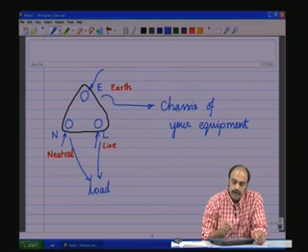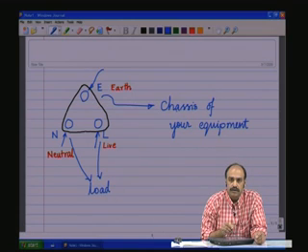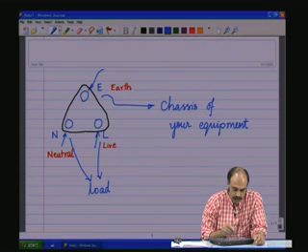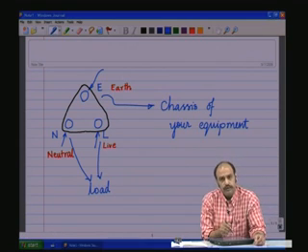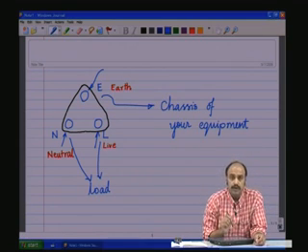So, if it is connected to the chassis of your equipment, even when you touch your chassis, you will never get a shock. So, this is a useful safety pin and a safety connection which has to be made, and today it is mandatory by regulation to have the earth pin connected to the chassis of your equipment.